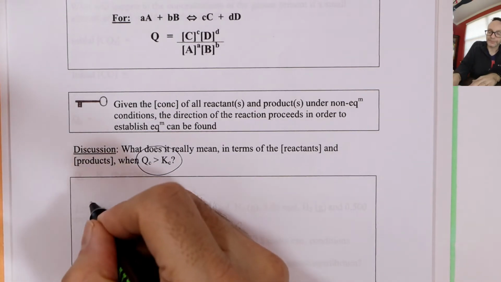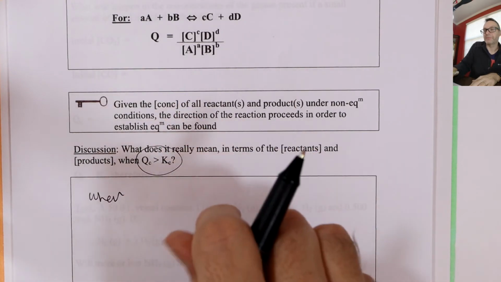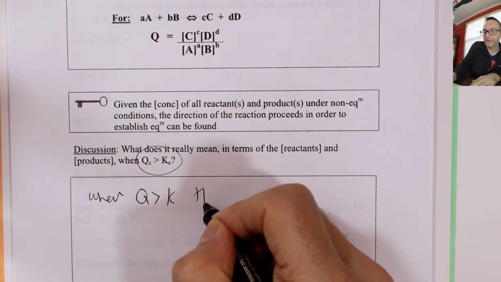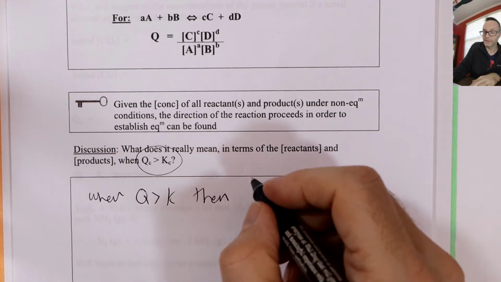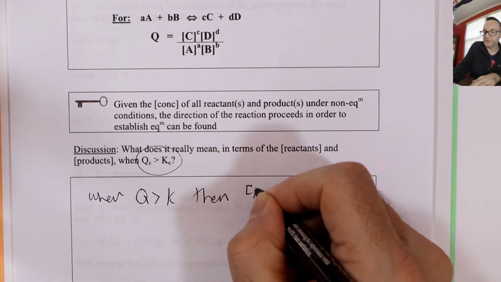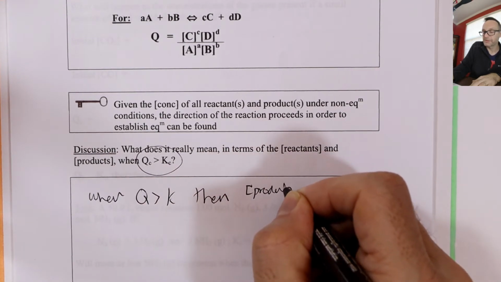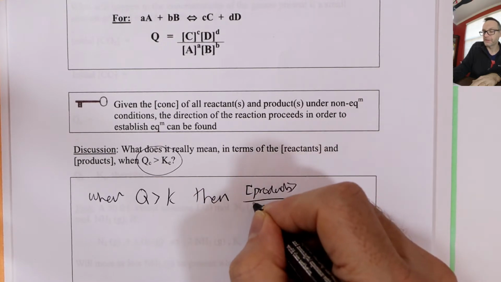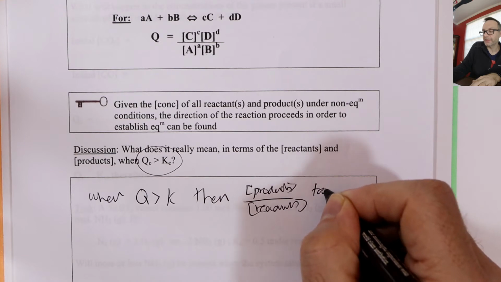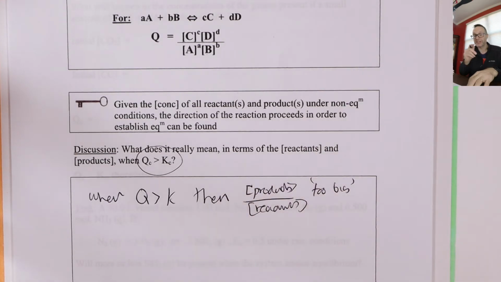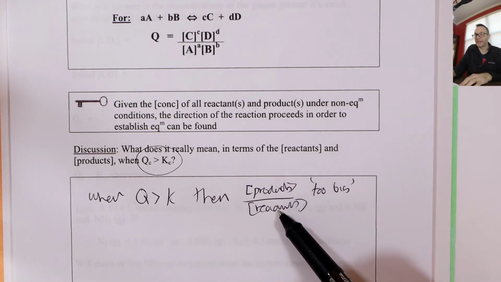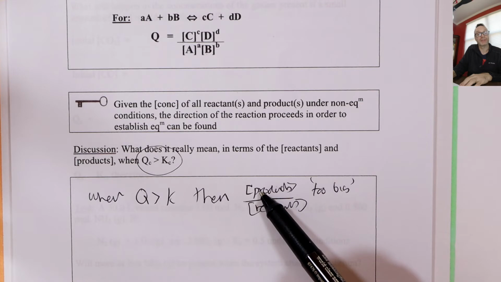Well, because they have the same mathematical form, when Q is bigger than K, the concentration of products over reactants is too big. It's a top-heavy fraction, isn't it? Because Q is a bigger value numerically, that means there's a bigger number on top, doesn't it?